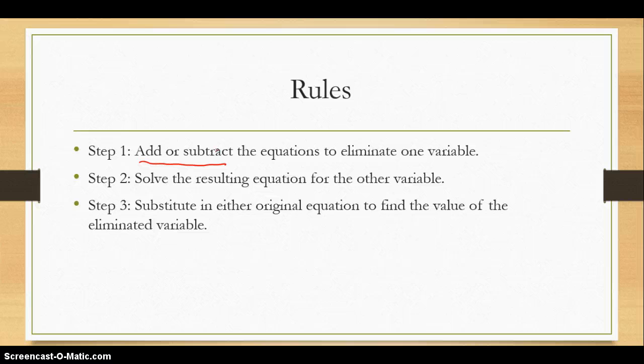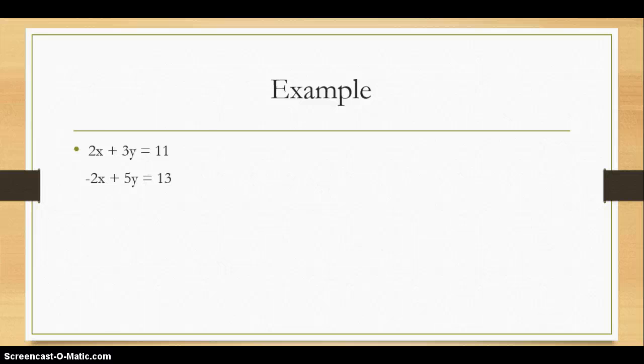Again, remember, we are trying to get an ordered pair. So here's our example: 2x plus 3y equals 11, and the second equation is negative 2x plus 5y equals 13. First of all, you always want to make sure that it's in standard form, and remember, standard form is ax plus by equals c. It is.